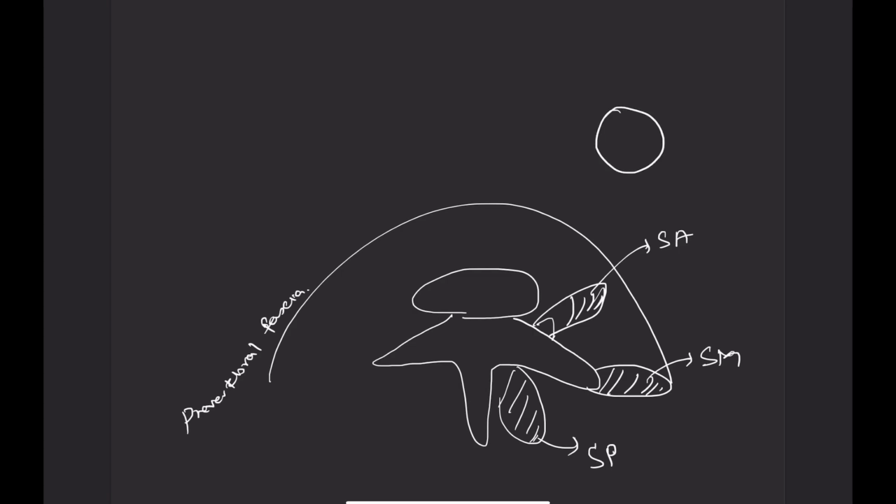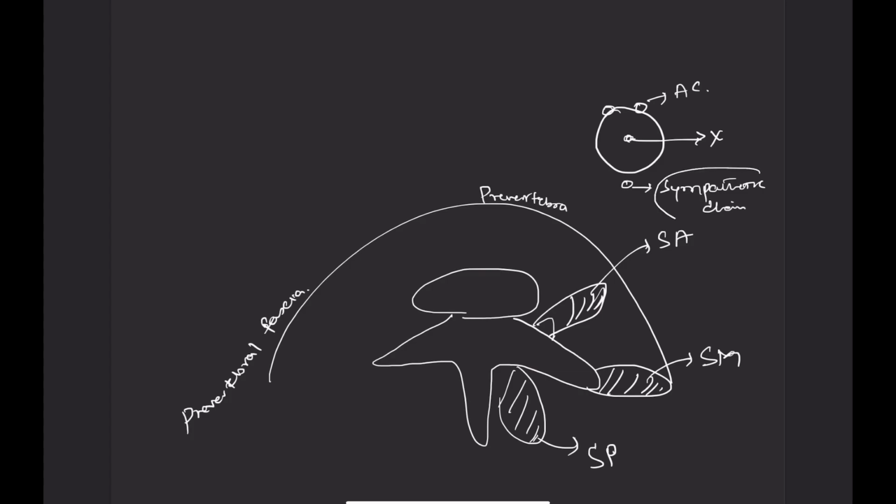Remember, this is the carotid sheath, which contains the 10th cranial nerve. This is the ansa cervicalis. This is the sympathetic chain. This is the ansa cervicalis. Remember, this is the prevertebral fascia.